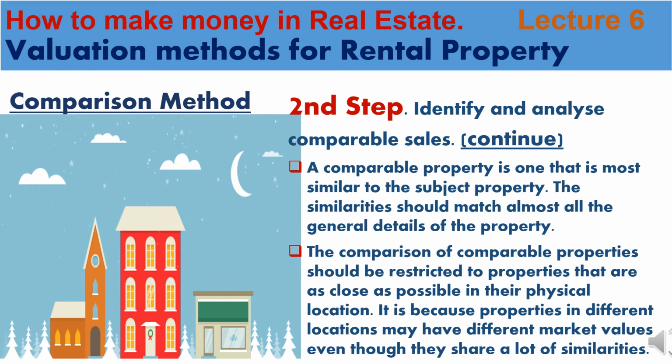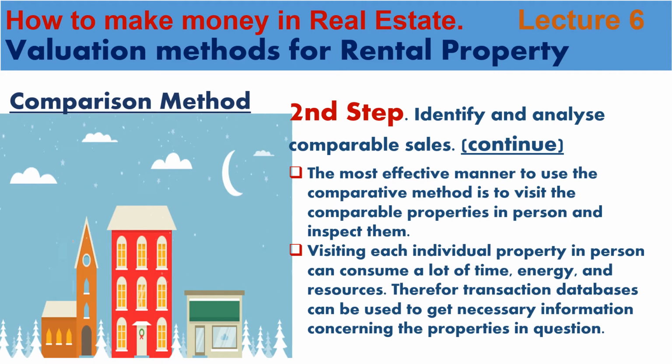The comparison of comparable properties should be restricted to properties that are as close as possible in their physical location. It is because properties in different locations may have different market values even though they share a lot of similarities. For example, residential apartments that are close to the central business district attract a higher valuation than properties that are located far away from the center.